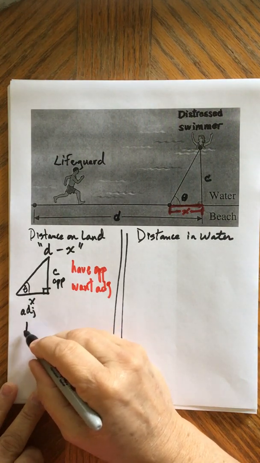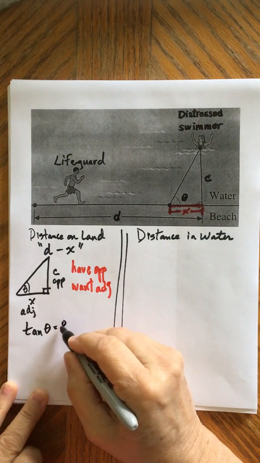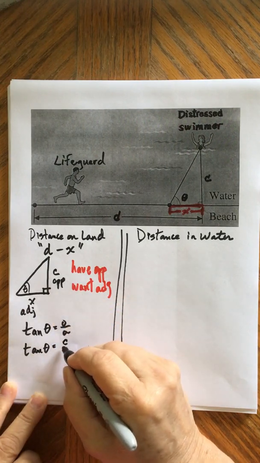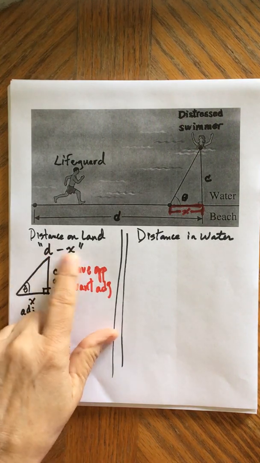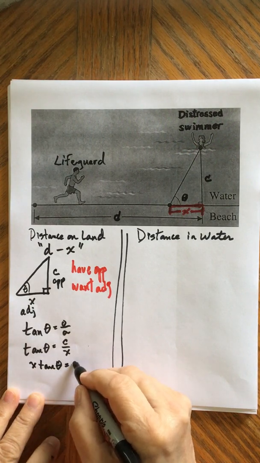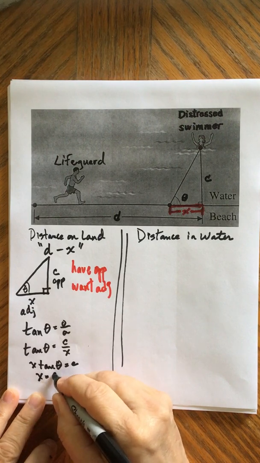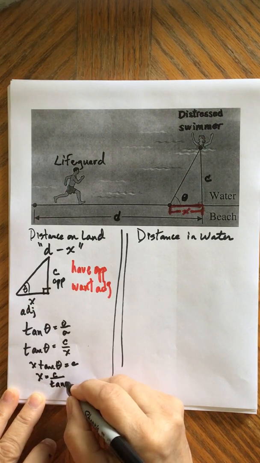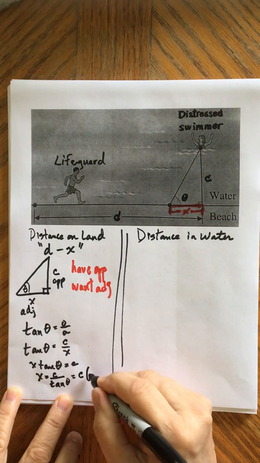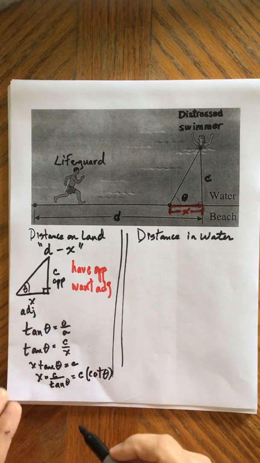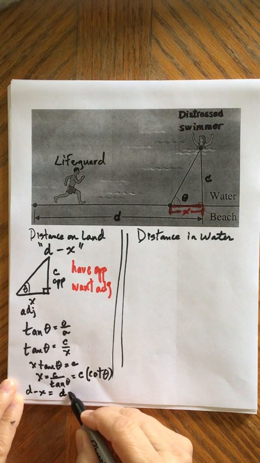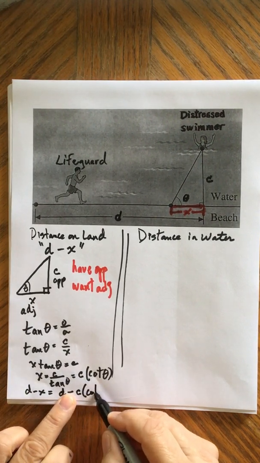So tangent of the angle is opposite over adjacent, so tangent of that angle is C over X. Remember, I'm trying to solve for X so that I can find D minus X. If I multiply both sides by X, I'll have X tangent theta equals C, and then X equals C divided by tangent theta, which some people would write as C times 1 over tangent theta, which would be C times cotangent theta. So D minus X is equal to D minus C times cotangent of theta.